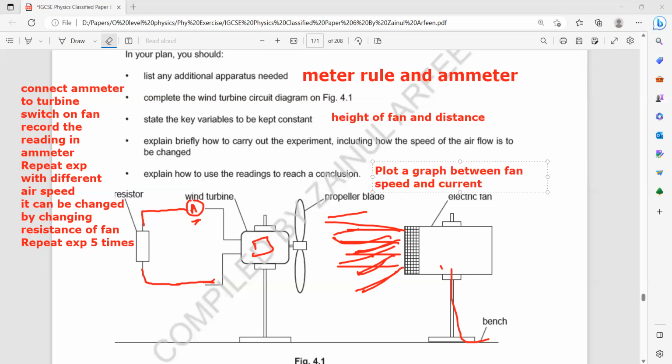Or you can mention which one is dependent and which one is independent. If we change the fan speed, the current will change. So the fan speed is independent.